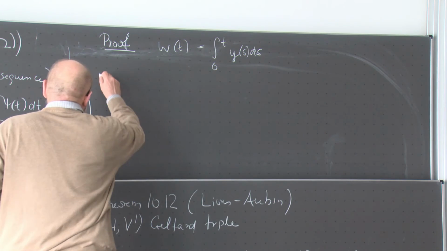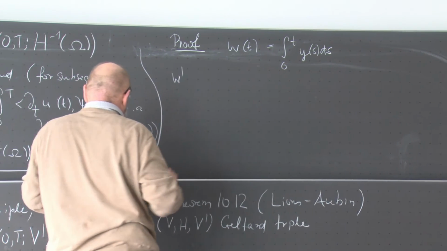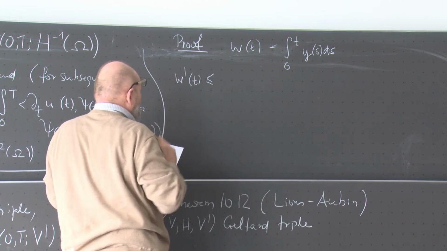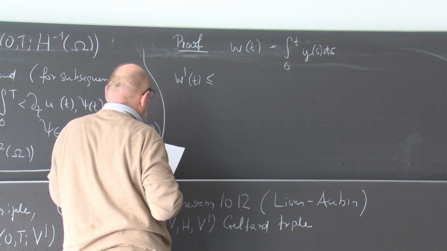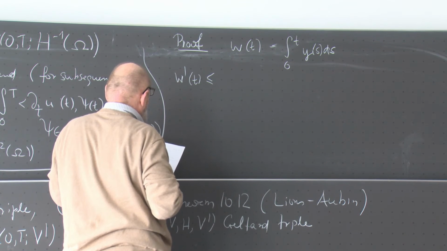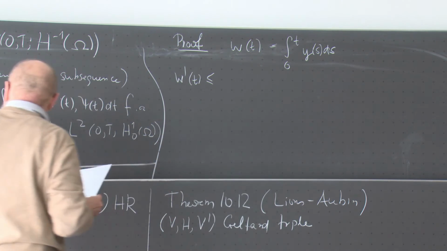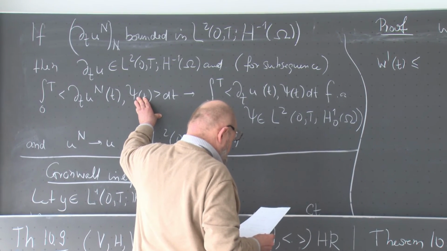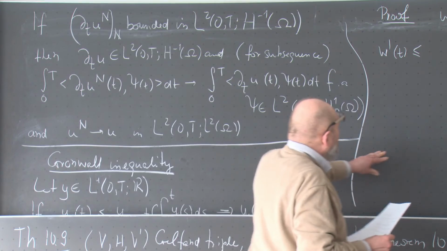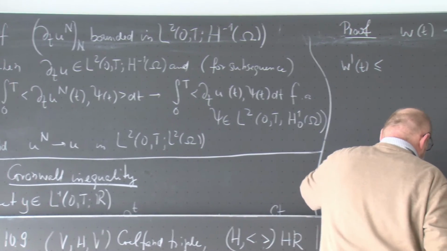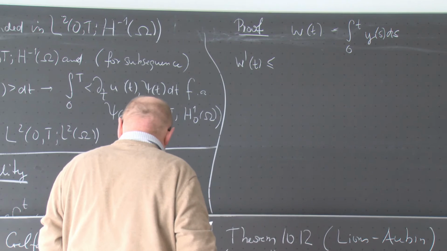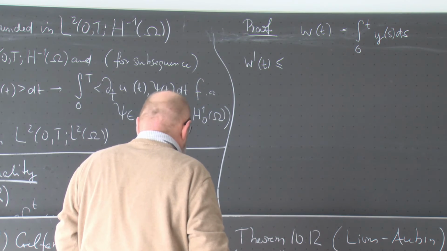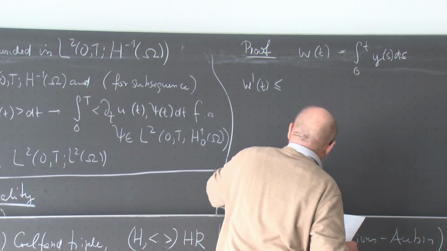That means that w prime of t, this is the y, is less or equal than... wait a second. What did I do here? Okay, let me phrase it a little bit differently.